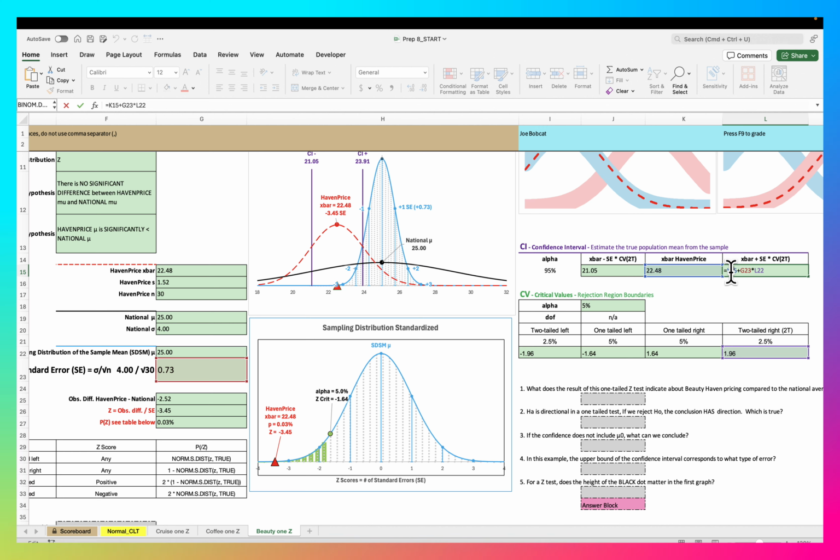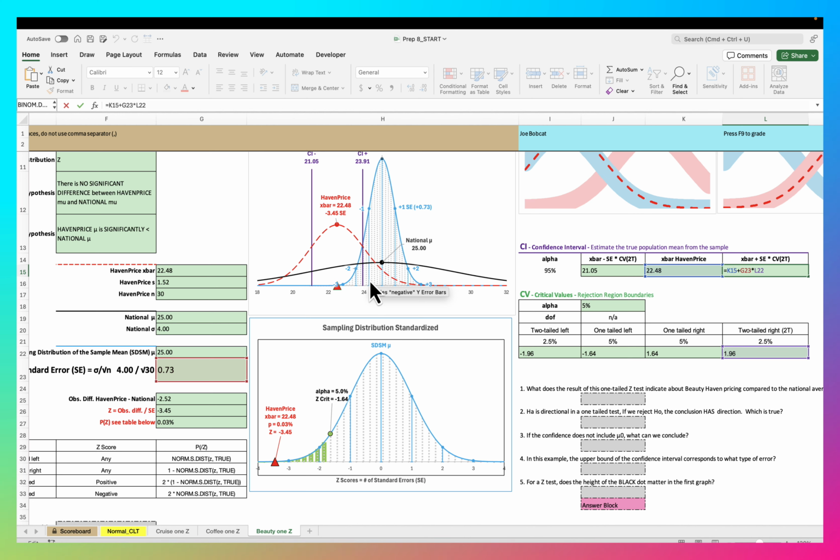And if you're wondering, well, why is that the calculation? Here's the logic behind it. Here we've got x bar. We basically want to see how many standard errors away we should go. Remember, the standard error is the distance between any of these blue lines. So how many standard errors should we go for 95% confidence?